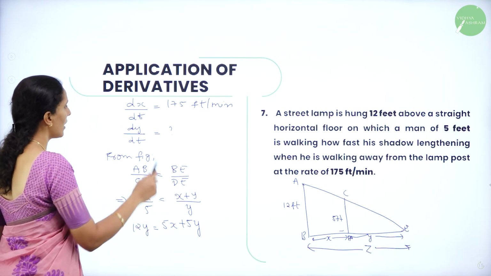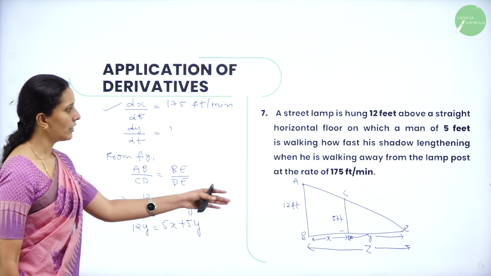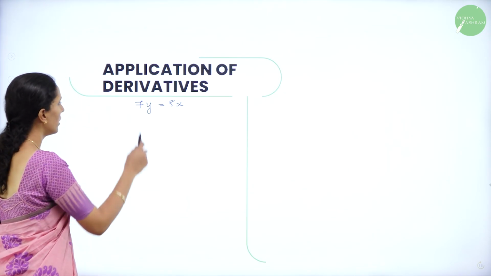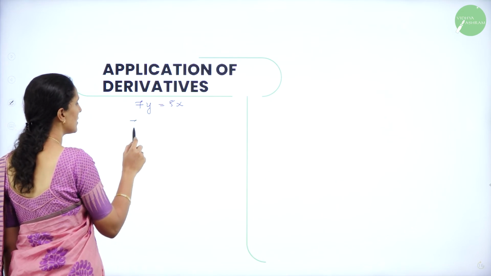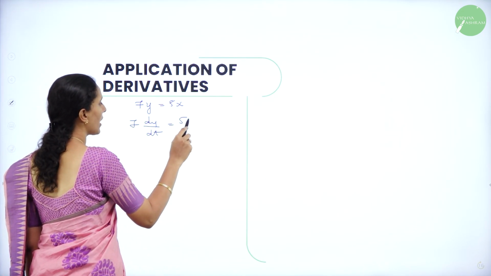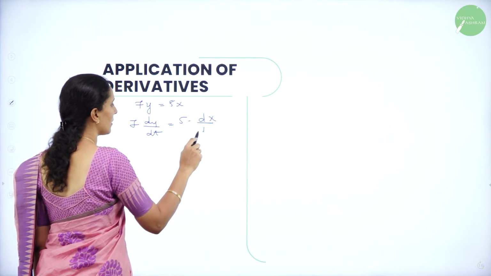Now we know the change in walking. Now we need to calculate the change in shadow. So therefore, if you differentiate this, 7 into dy by dt is equal to 5 into dx by dt.